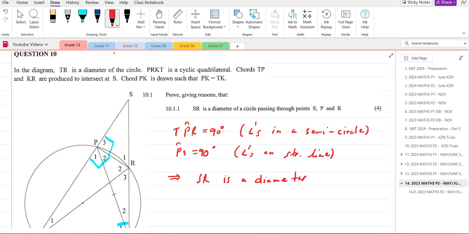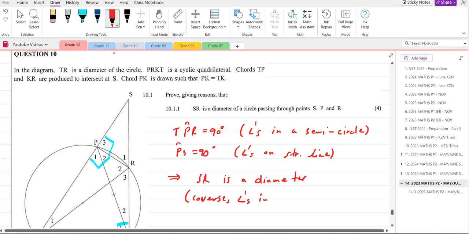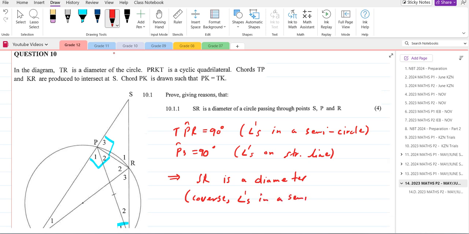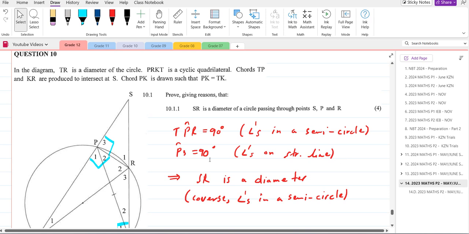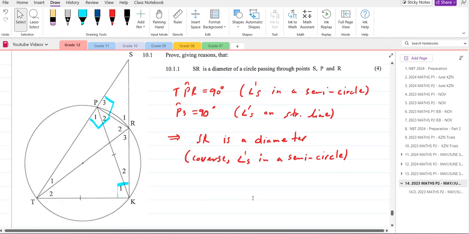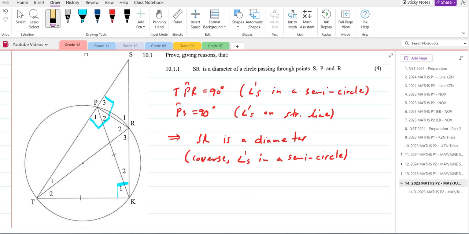So SR has to be the diameter, and the reason is converse angle in a semicircle. Right, so I hope you guys understood that. Converse angle in a semicircle. Next one.